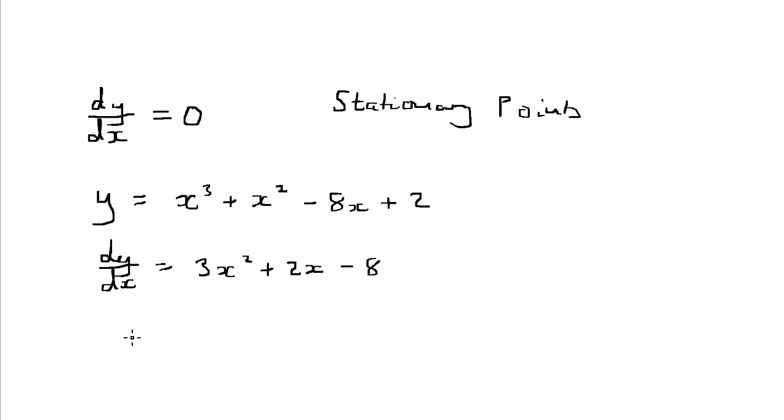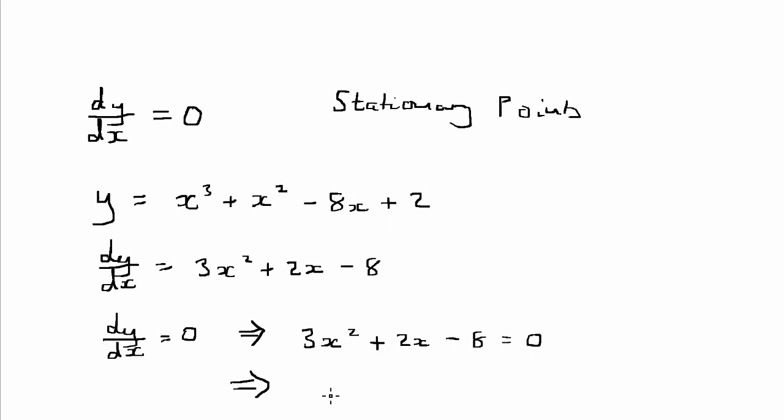And if we are interested in finding the stationary points, we have to find where the gradient of the curve, where dy/dx is 0. So if dy/dx is 0, that's the same thing as saying that 3x squared plus 2x subtract 8 is 0. And I think we'll find in this case that this curve does factorise.